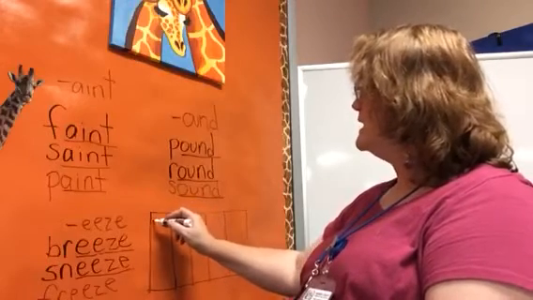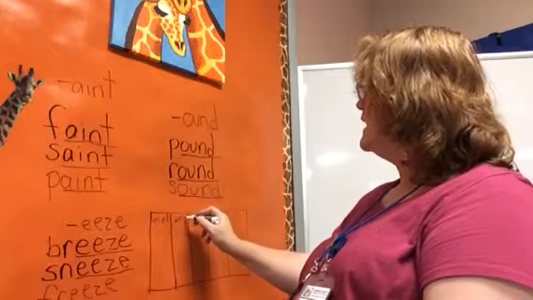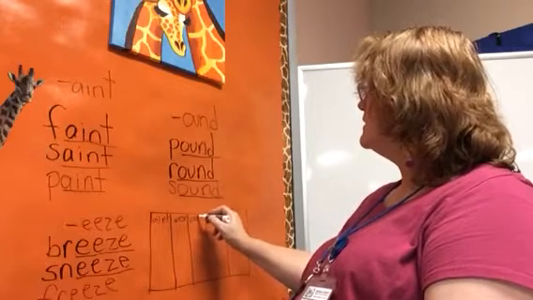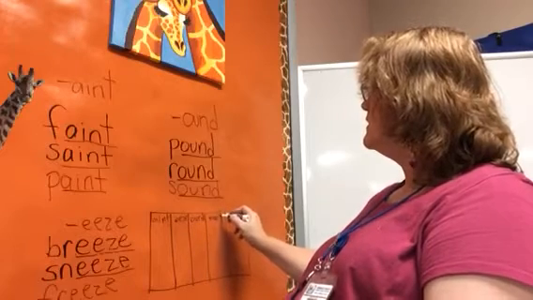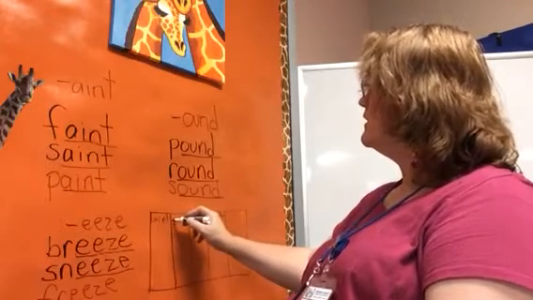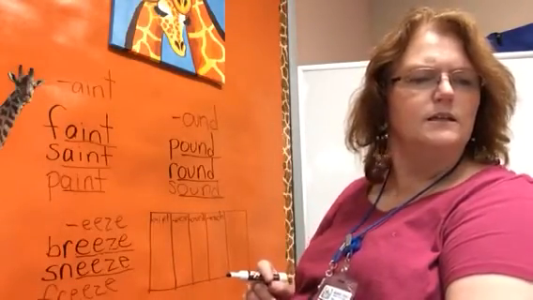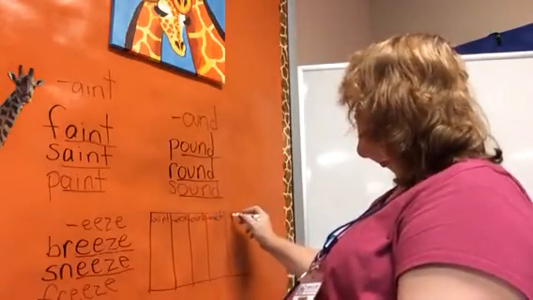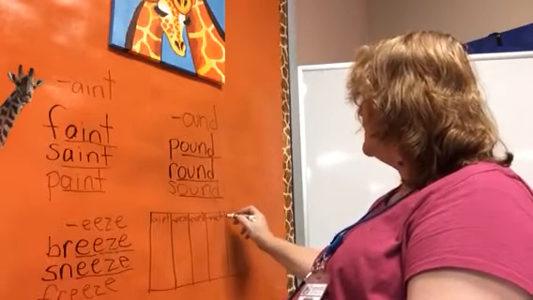Okay, and one of them is ain't, and one of them is ease, and one of them is ound, another one is each, and the last one is oose, like silly goose. I was a silly goose when I forgot that goose.